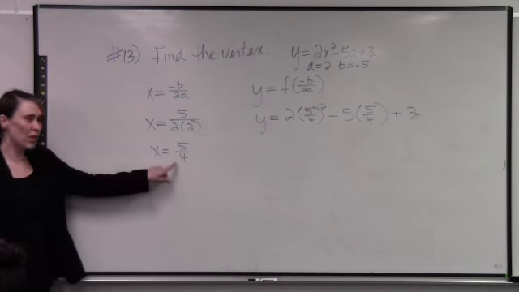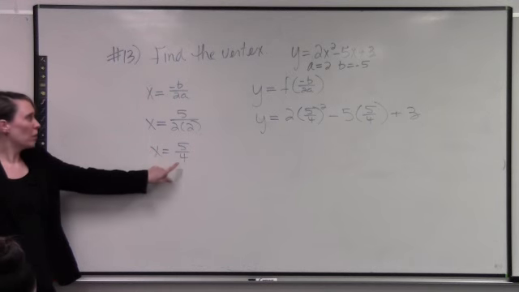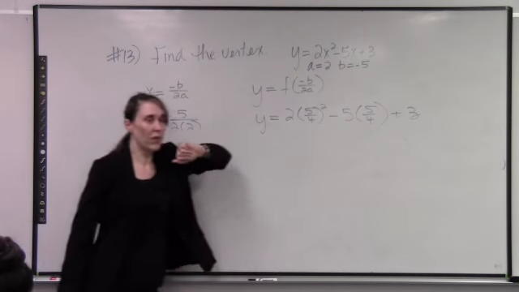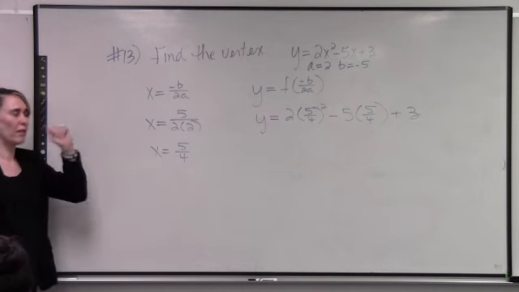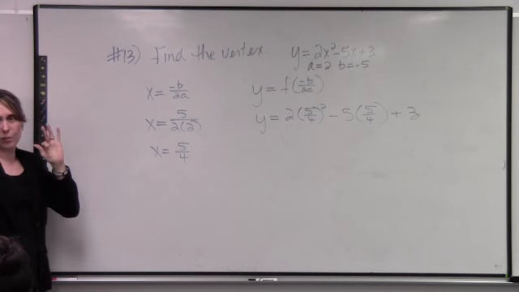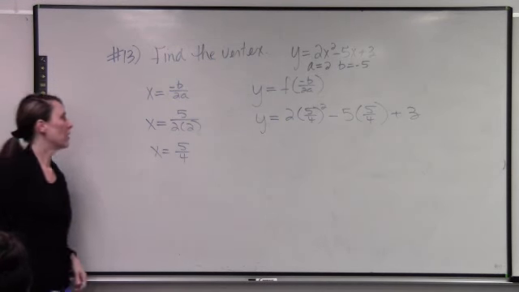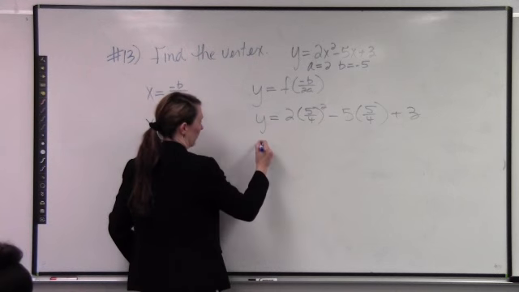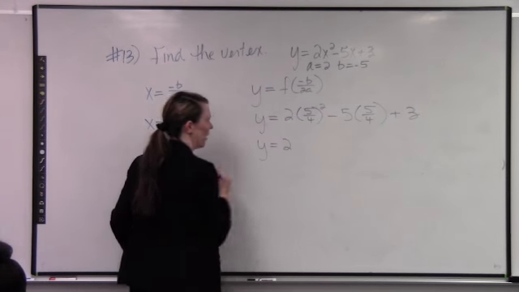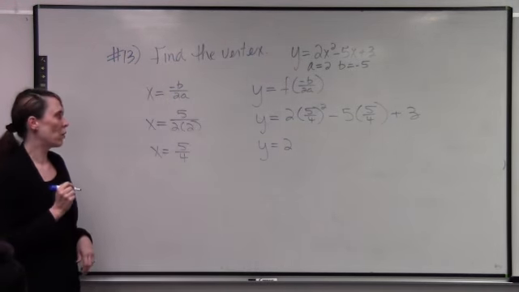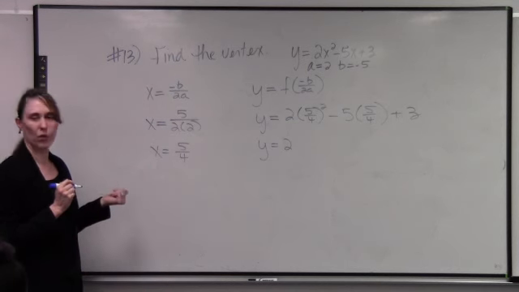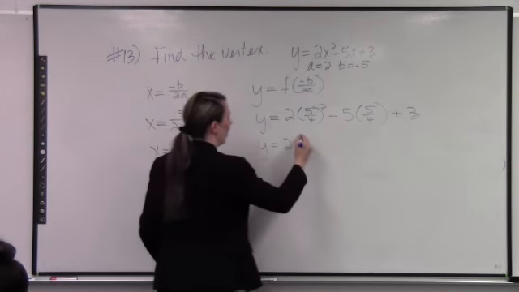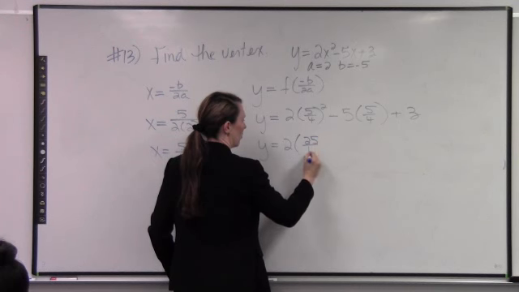Once again, I'm just taking my x value and plugging it in place of the x to find y. I've got to be careful about the order of operations, correct? So I've got to go to the exponent. What about this 5/4 squared, meaning 5/4 times 5/4? 25/16. All right, 25/16.